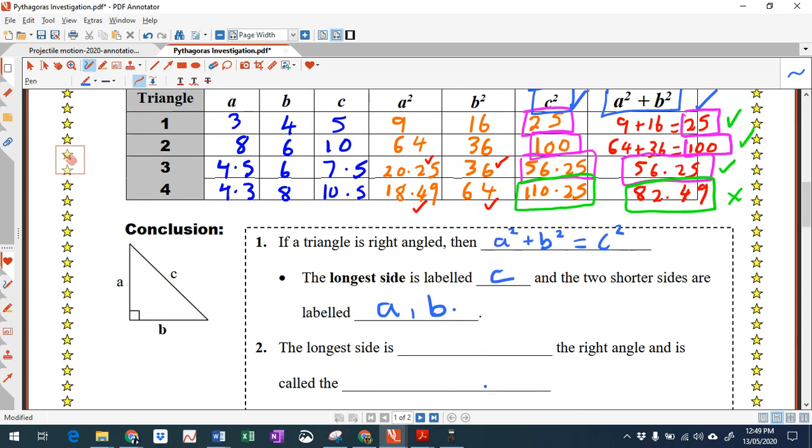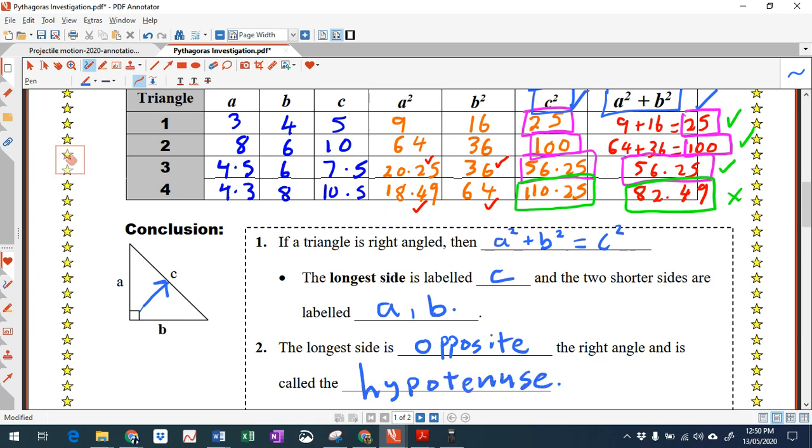The other thing to notice is that the longest side, the C side here, is opposite the right angle. The longest side is opposite the right angle. It has a special name: the special name for the longest side in a right-angled triangle is the hypotenuse.